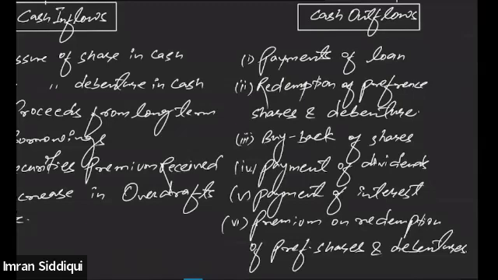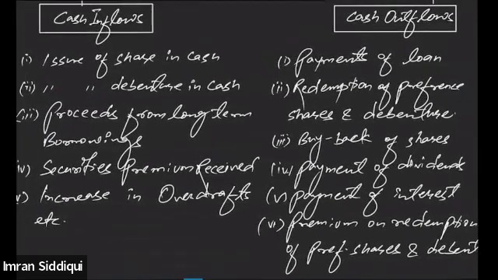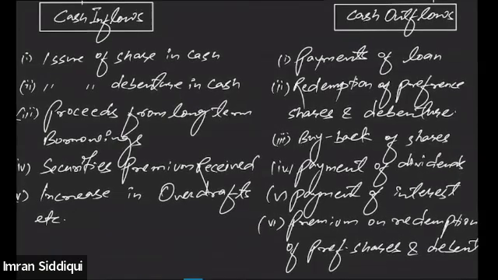So let me quickly tell you, cash flow from financing activity means all those activities which lead to the change in size or composition of the owned fund or the borrowed fund. These are a few items that lead to the inflow and outflow of cash and fall under the category of the financing activity.